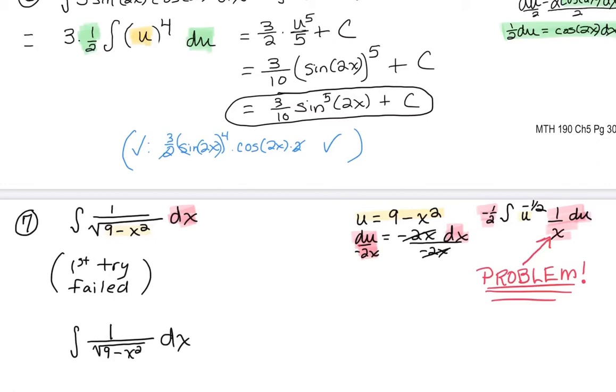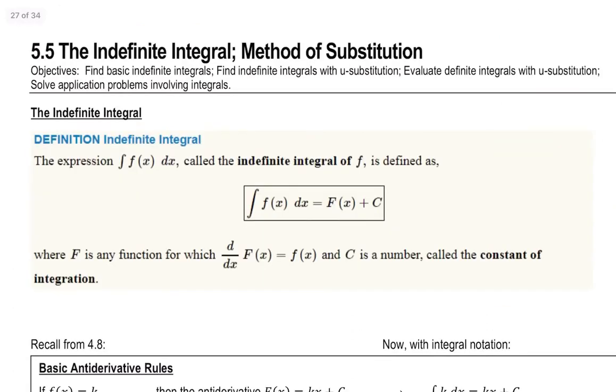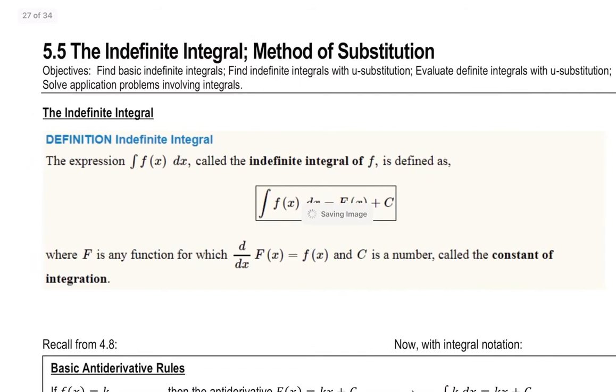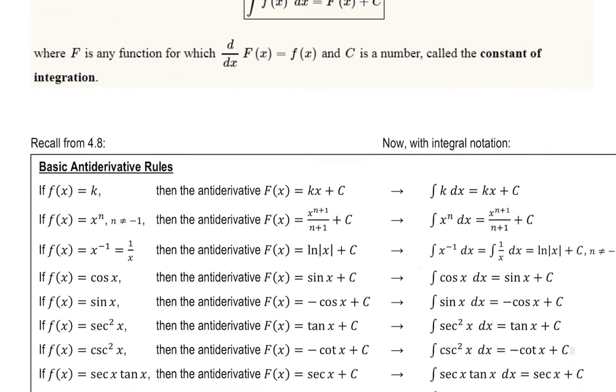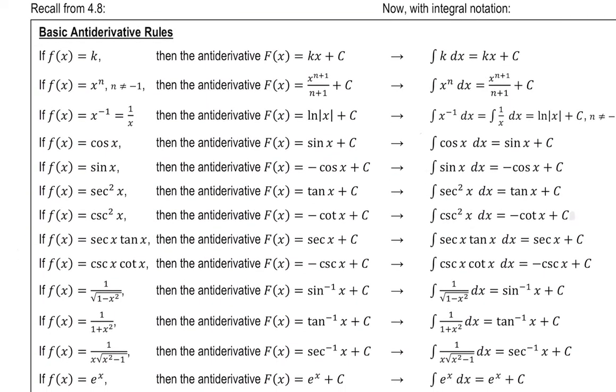So I need to think about, and maybe it requires that we go back to our list of some of these early antiderivatives that we knew. Oops, I did not mean to put that mark there. Erase that. So let's take a look at, what do I have here? Okay, so again, remember, we have 1 over the square root of 9 minus x squared.